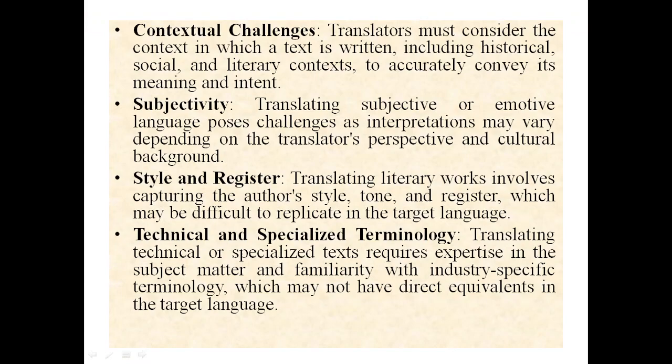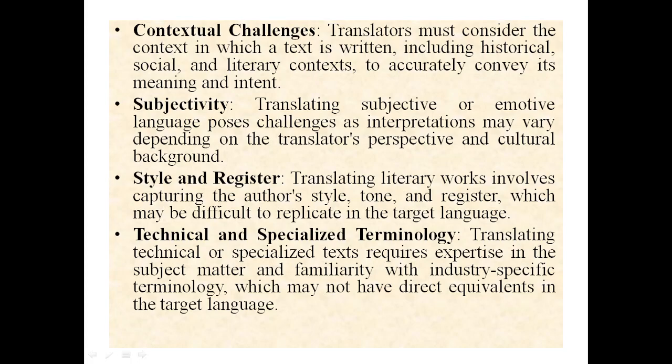Next is contextual challenges. In order to understand a text correctly, you must understand the historical, social or literary context. If they are not understood in the proper manner, and sometimes it is difficult to understand them in the right way, then their exact meaning and intent cannot be conveyed. So that is another problem, contextual challenges. Next is subjectivity.